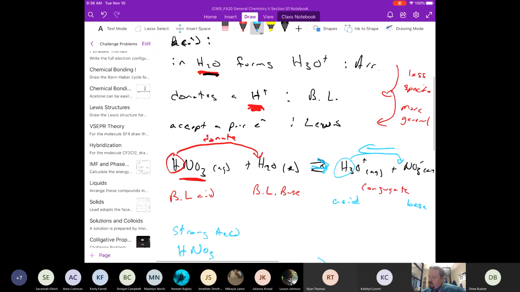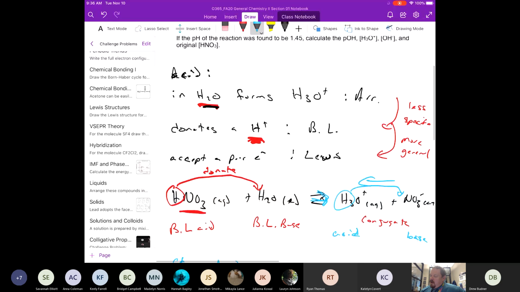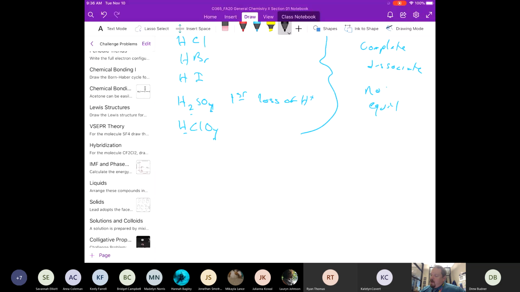Okay. So now, if we find the pH to be 1.45, let's calculate the pOH, the H plus, H3O plus, and the OH minus, as well as the original HNO3 concentration.